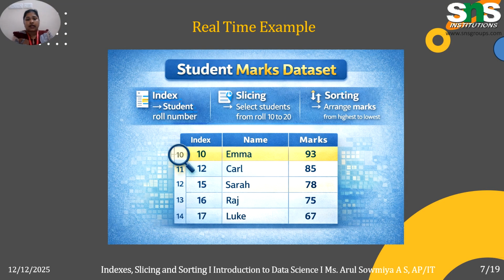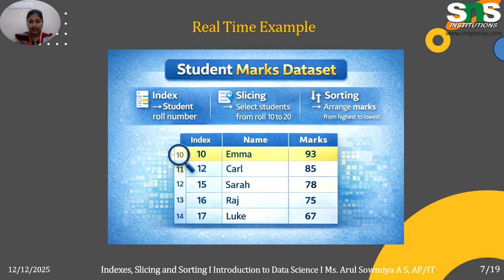Then we are going to see a real-time example. Here we are taking a student marks database. It has an index part in the first step, then we slice, and then finally we sort.